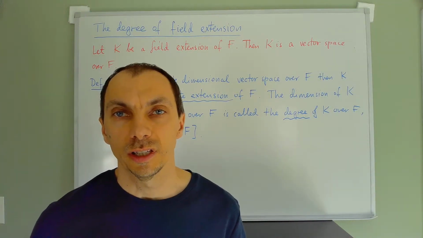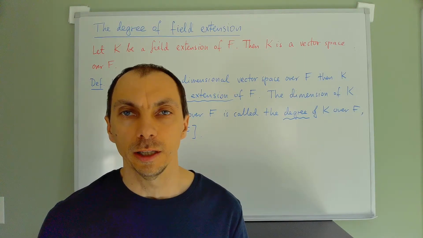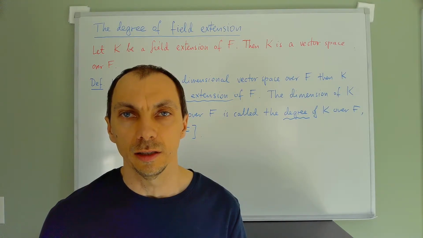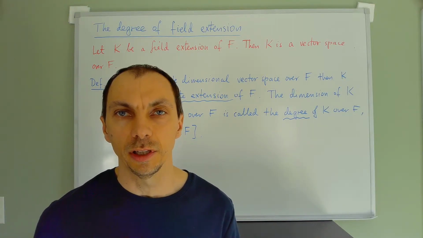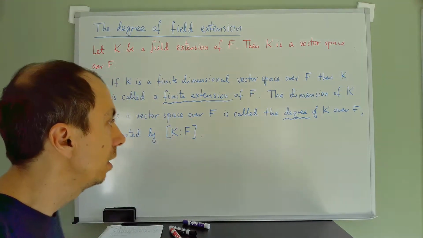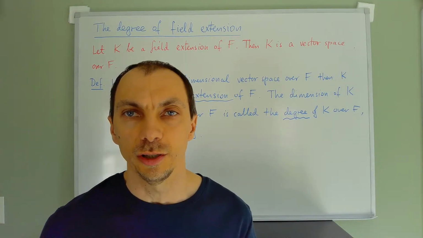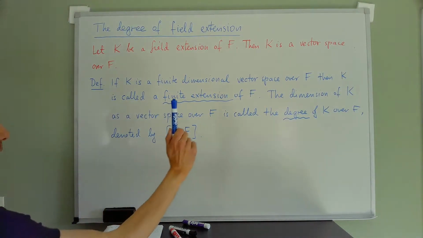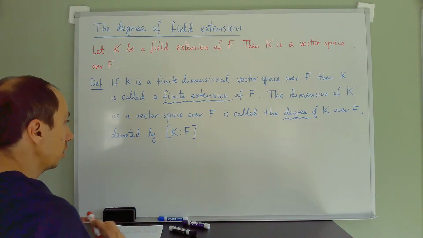As you may have already noticed, in abstract algebra, people behave as if there are only 5 or 6 words in the world, and they keep calling different things by the same names. And I understand if this gets a little confusing. There are a few things that are called degrees. There's the degree of the polynomial. Now you have the degree of the extension. There's also something called the degree of an algebraic number, which I decided not to use, to just not introduce a third thing that is called a degree. But here I will use the word degree because this is definitely a very standard terminology.